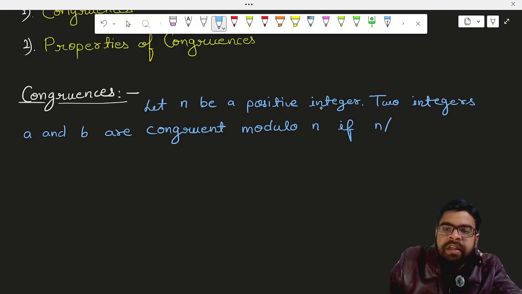See, it is the symbol of division, I told you in the last lecture. n divides a minus b.